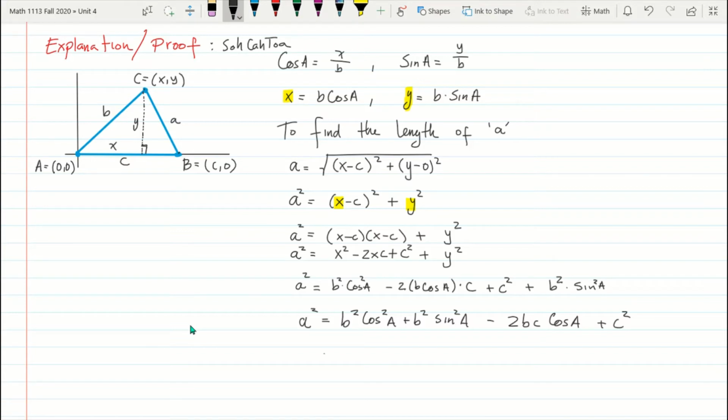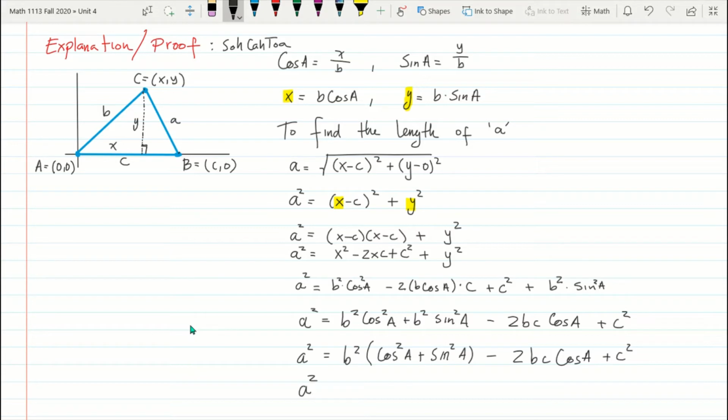And if you factor out the b squared, you have cosine squared of a plus sine squared of A, minus 2bc cosine of A plus c squared. And if you remember from Pythagorean identities, you know that cosine squared plus sine squared of the same argument equals 1.